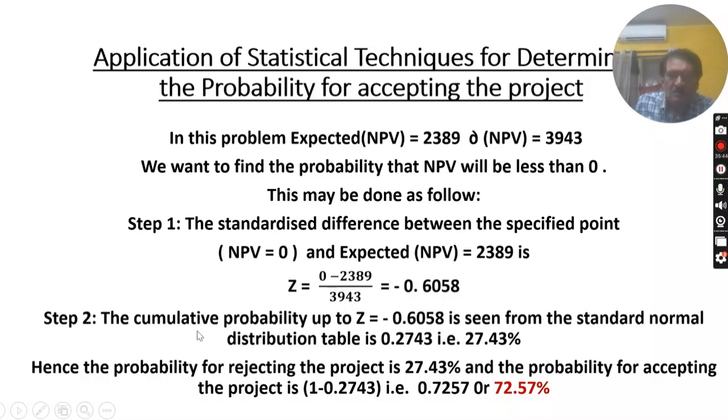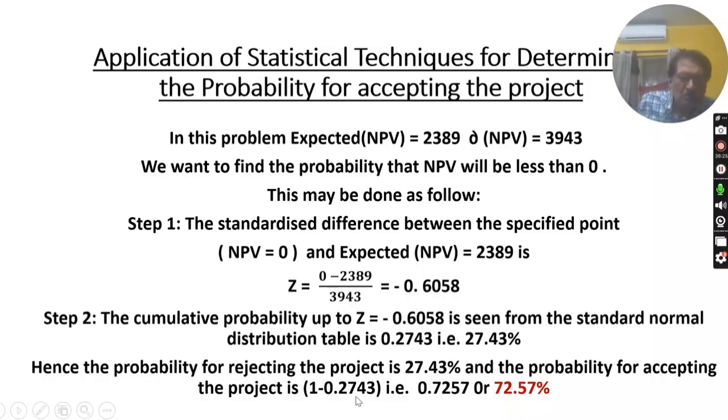And second step, you have to check the cumulative probability up to Z equal to this, which is available in any statistics books or financial management books. From the standard normal distribution table, the value is shown 0.2743. Statistically, the probability for rejection is 27.43%. Then what will be the chances or probability for accepting the project?